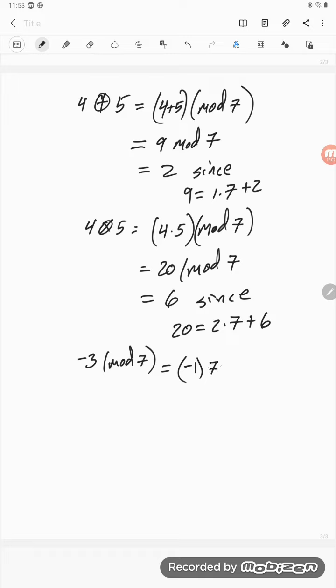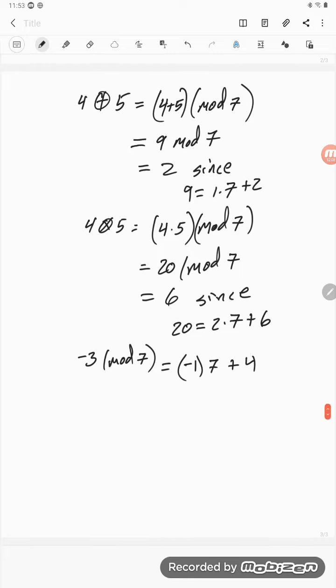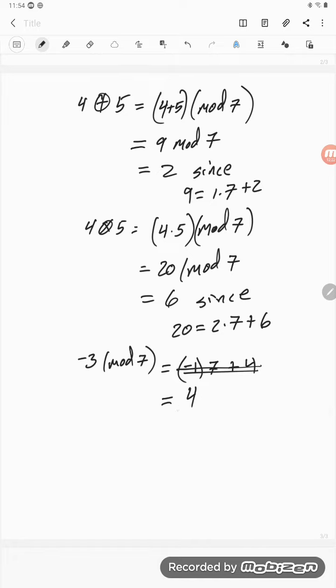Negative 1 times 7, and then plus 4 gives me negative 3. So negative 1 times 7 plus 4 is equal to negative 3. So you get these funny things: negative 3 mod 7 is 4.